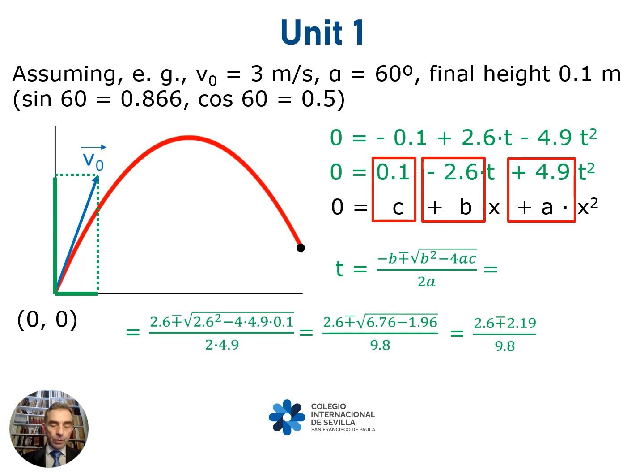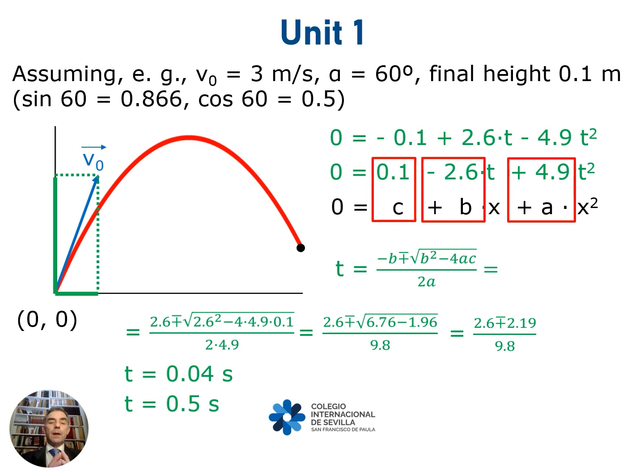So we have a first value of time obtained from this expression, which is 2.6 minus 2.19, all that divided by 9.8, and the value is 0.04 seconds. And we have a second value of time, which is 2.6 plus 2.19, all that divided by 9.8, and that gives us 0.5 seconds.